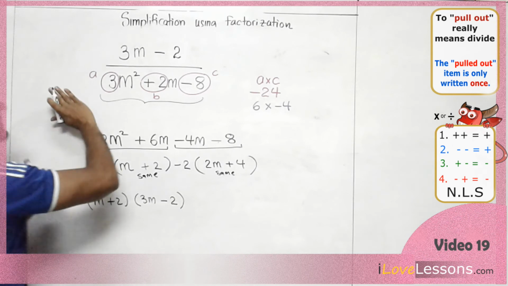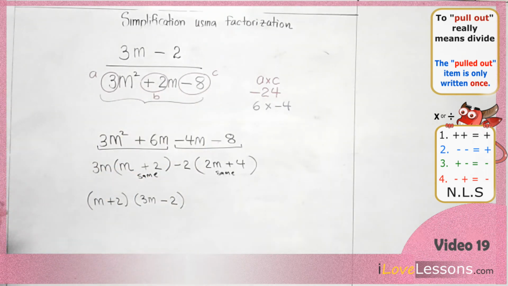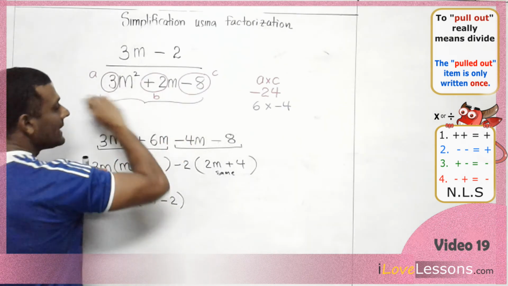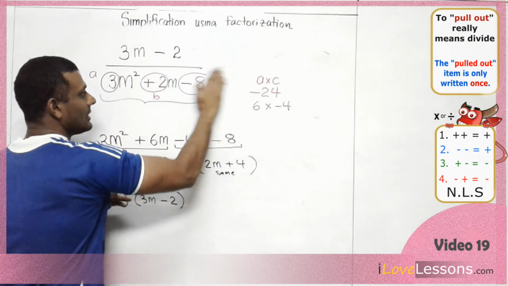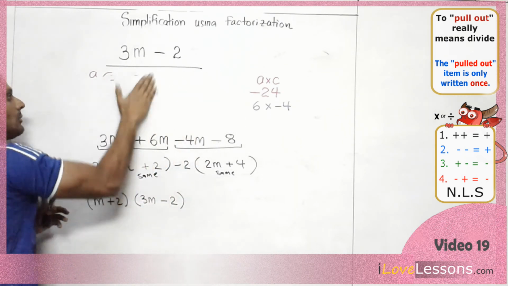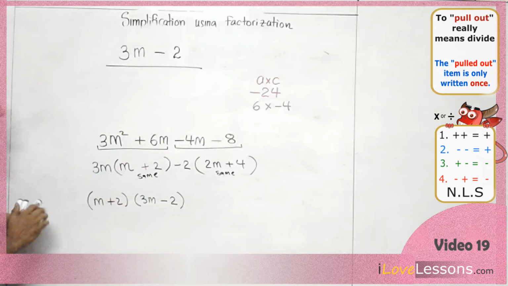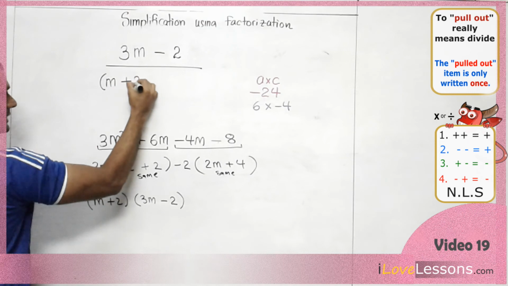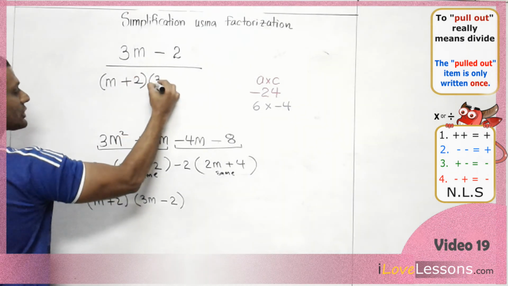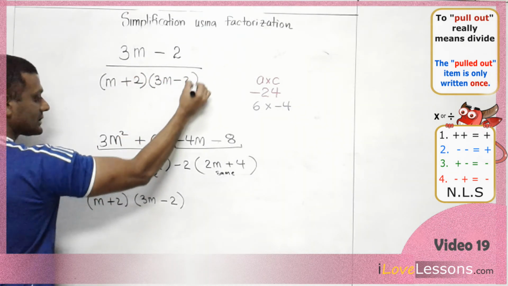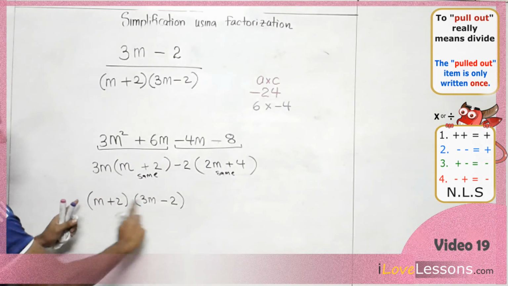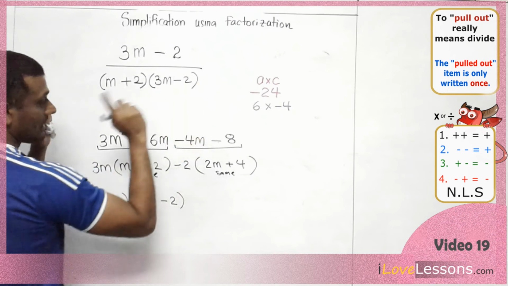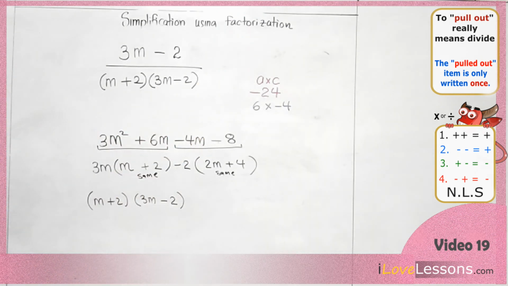So we factorized the entire underneath. We can throw this away and replace it with m plus 2 and 3m minus 2. Because if I were to multiply this out, I would get back the original expression that was here a few seconds ago.